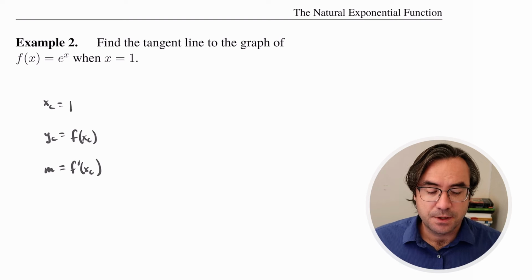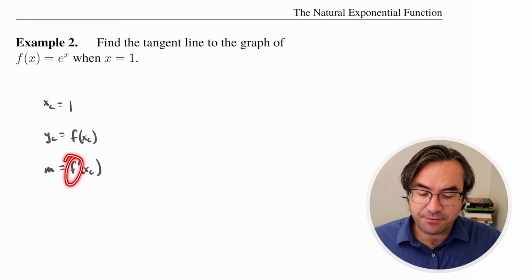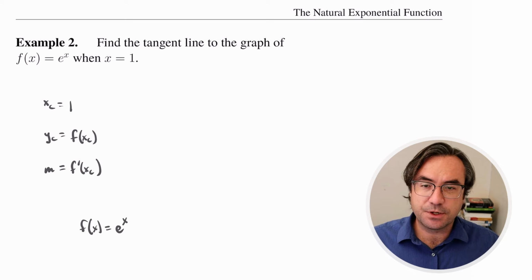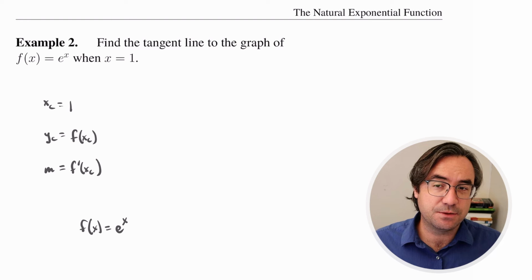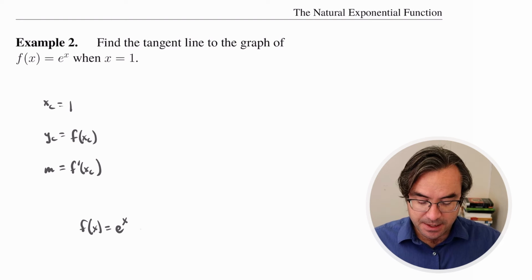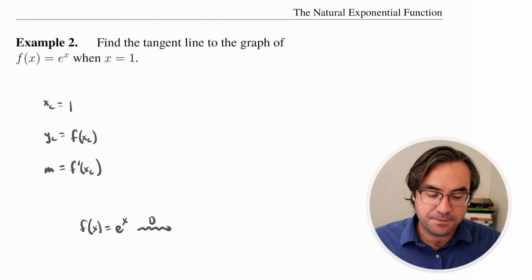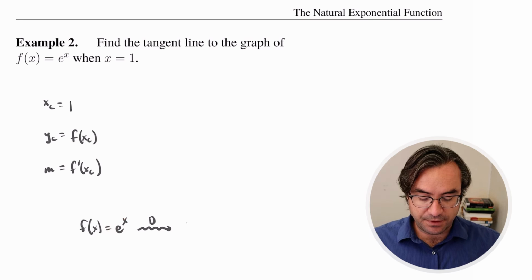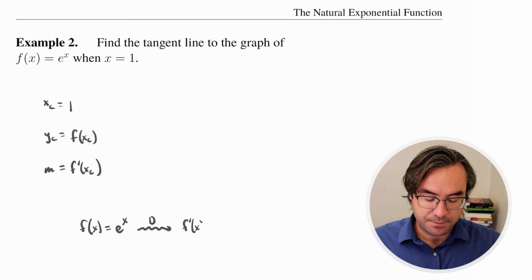All right, so we're going to need f prime, so let's calculate that. This is where we're going to use our new idea. The original function is f of x, which in this case is just e to the x. If we differentiate that, it's not going to look like we do anything, but the derivative of e to the x, really special, it's its own derivative. So f prime is also going to be e to the x.